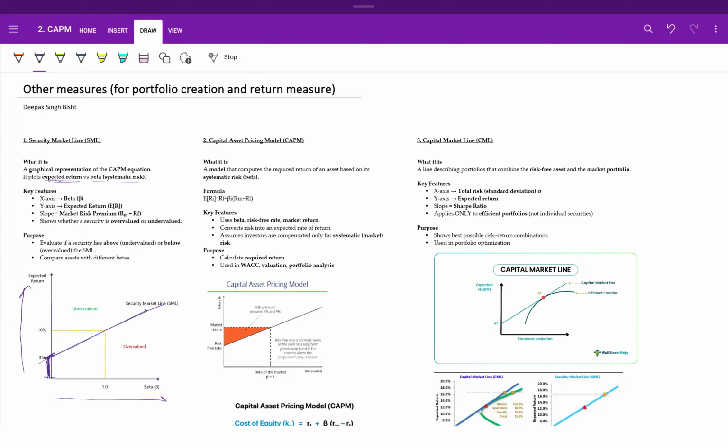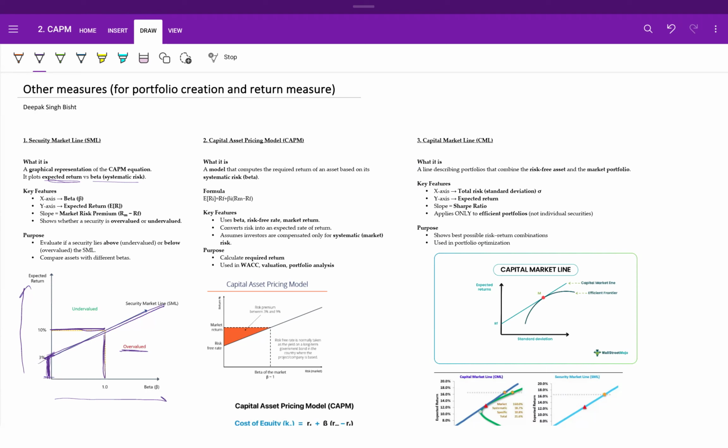This is the security market line. If the stock lies above this line, it's undervalued. If the stock lies here, it's overvalued. Understand the diagram. The key feature is that the x-axis is the beta, and the y-axis is the expected return.